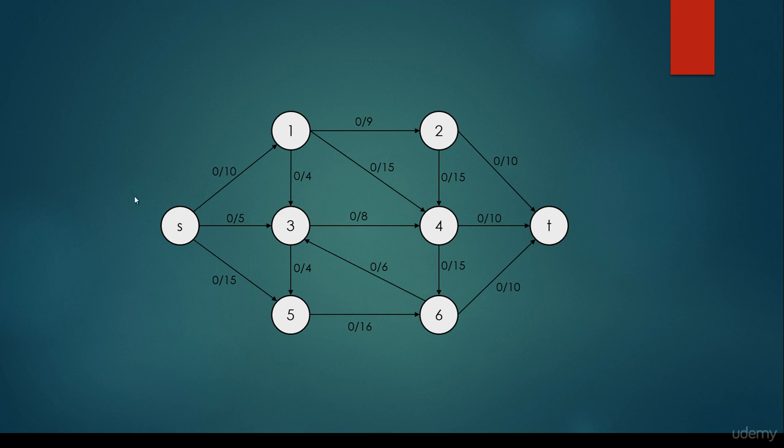So the flow is coming from the source and heading for the sink. It is a normal graph with vertices and directed edges. As discussed, we assigned two values to every single edge, the flow and the capacity.